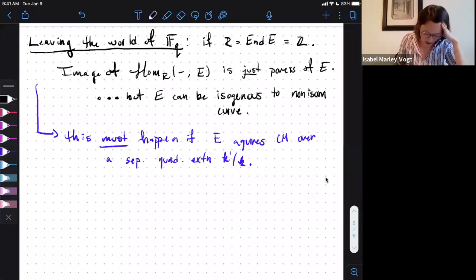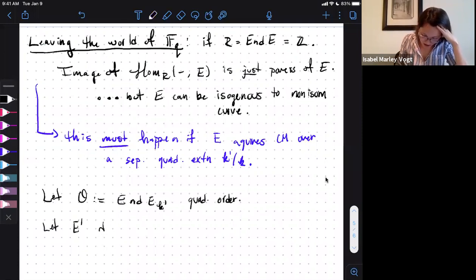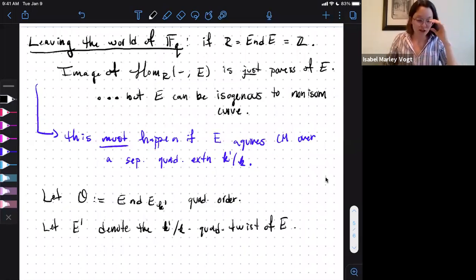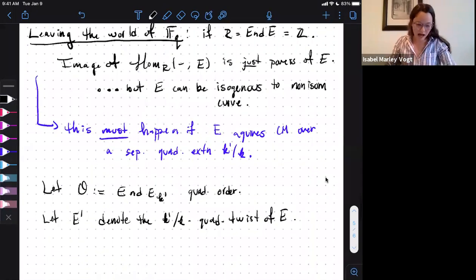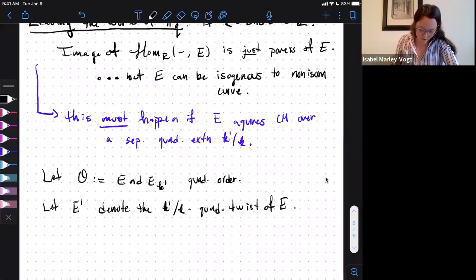So let's set a little bit of notation. Let O be the endomorphisms of E over this quadratic extension. By hypothesis, this is a quadratic order. And I'm going to let E prime denote the K prime over K quadratic twist of E. So this is another elliptic curve that's defined over K. It's not isomorphic to E. It's a non-trivial quadratic twist.